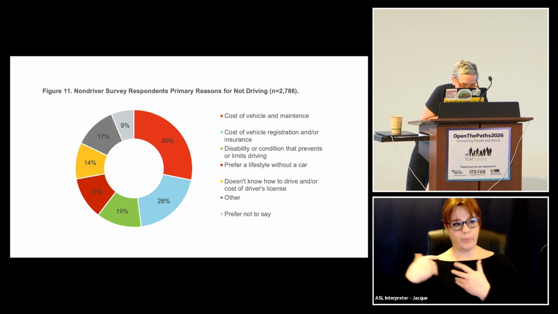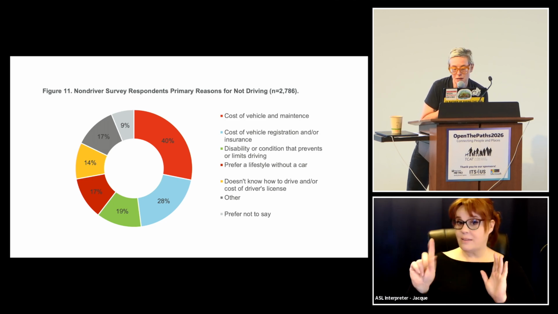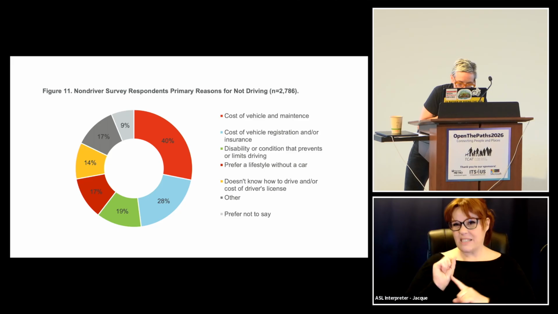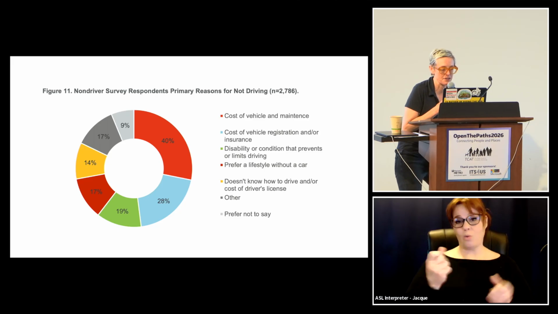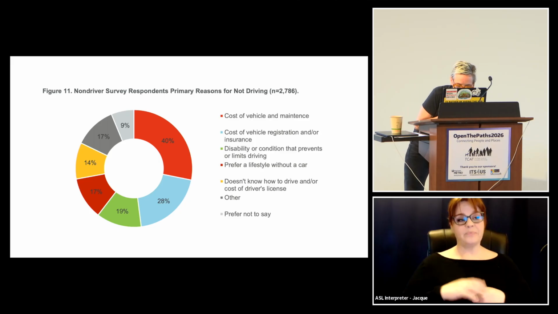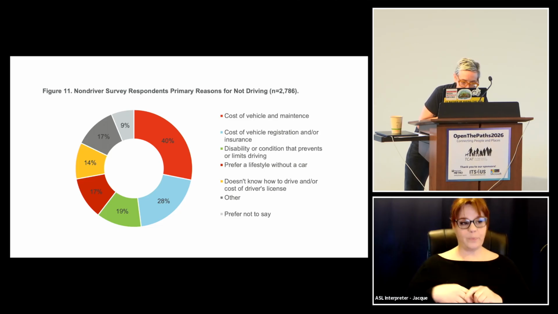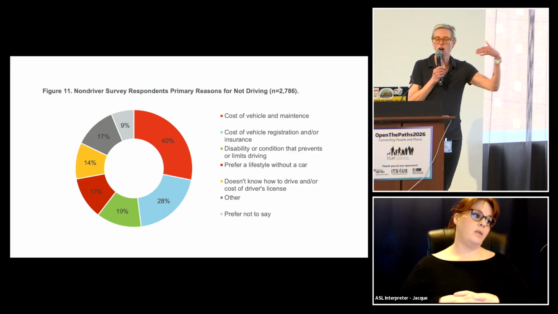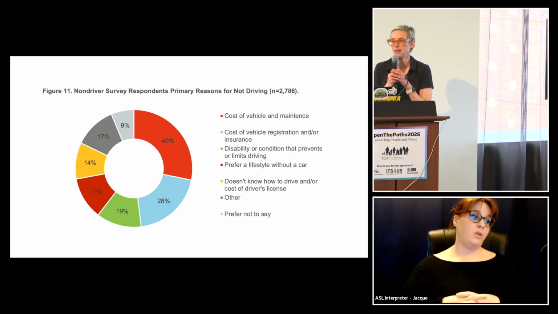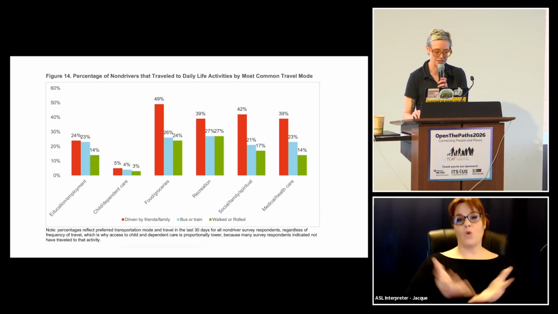Some other things to call out: disability or condition that prevents driving is 19%, and prefer a lifestyle without a car is 17%. Then there are some other categories: doesn't know how to drive or can't afford the cost of a driver's license, 14%. Other, or prefer not to say, are the remaining percent. So you can see that cost really is a major barrier for people overall from this Washington State survey.